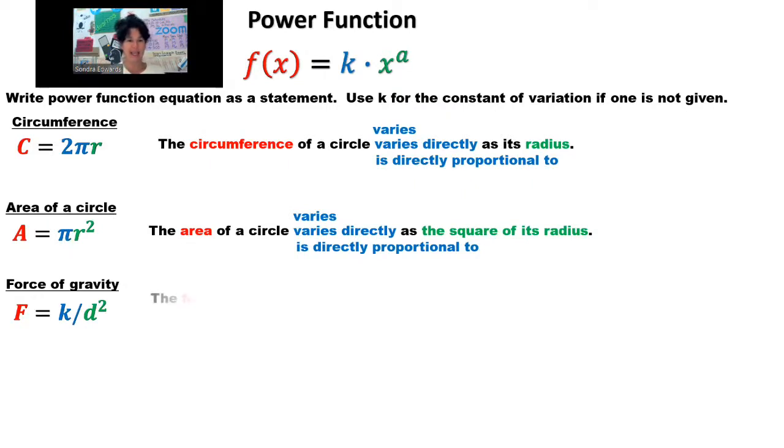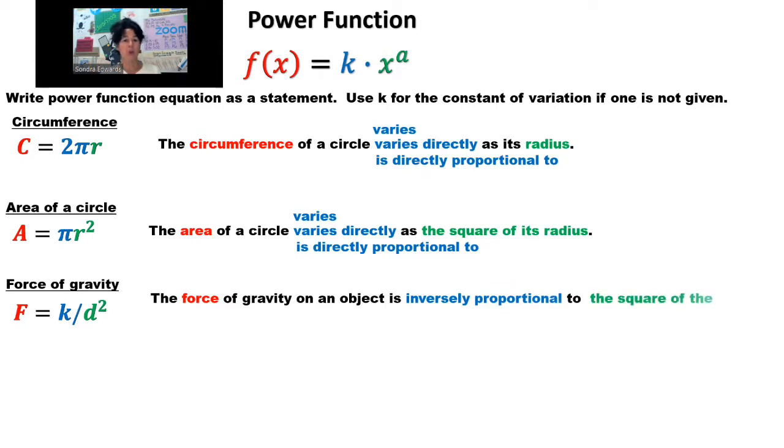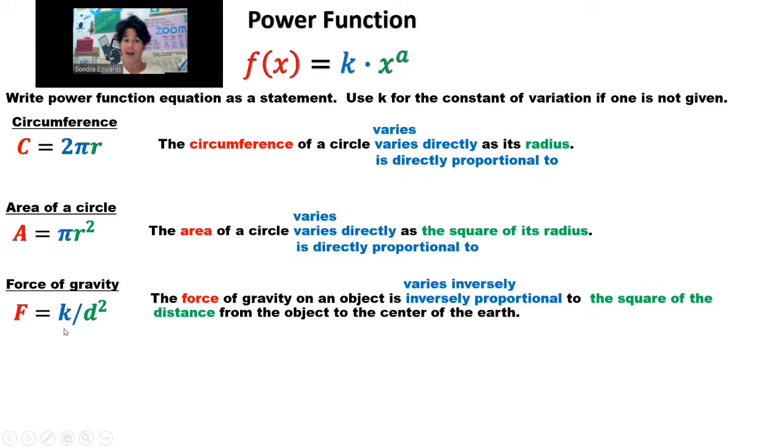So what we want to say here is the force of gravity on an object is inversely proportional to the square of the distance from the object to the center of the earth. All right, another way that I could have said that, instead of inversely proportional, I could say varies inversely. Notice I'm not saying k divided by, I'm going to say varies inversely or inversely proportional rather than k divided by.